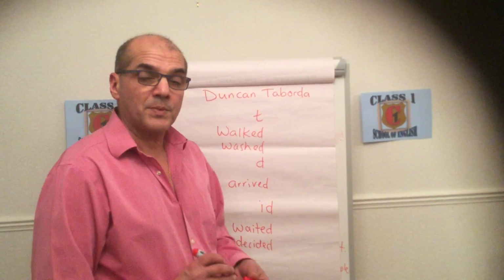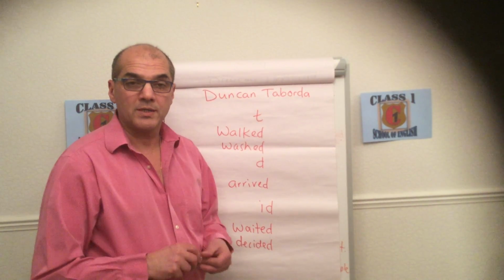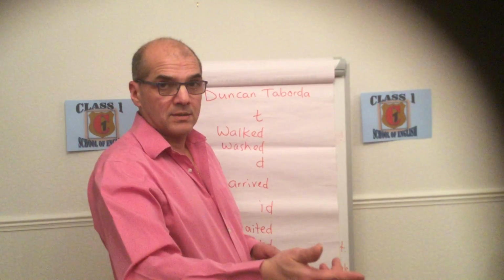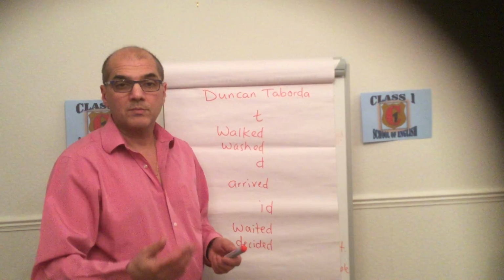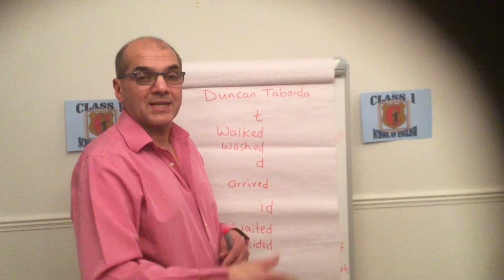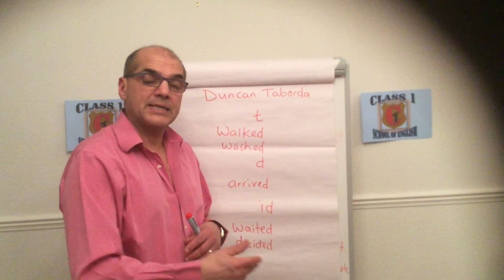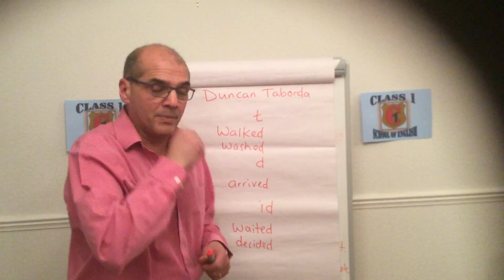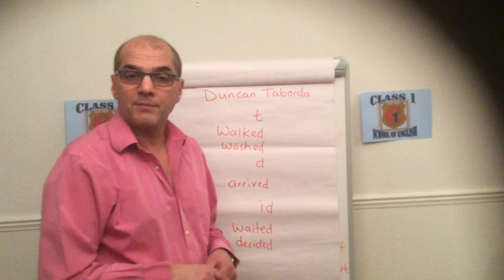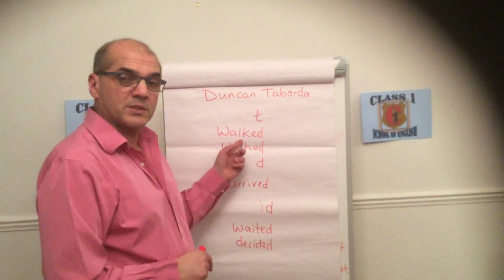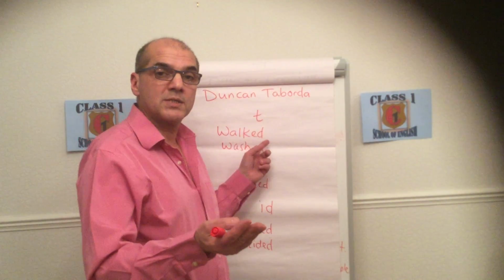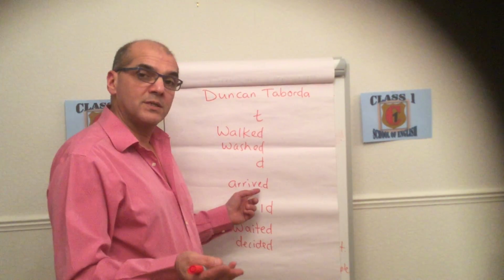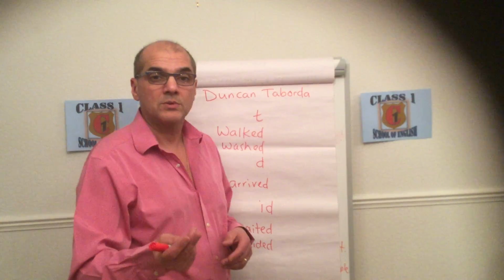For this third example, I'm actually adding a syllable to the word. Waited. Wait is a 1-syllable word, waited. Decided. Decide is a 2-syllable word, I'm adding a syllable, decided. But if you listen to these others, I'm not adding a syllable. Walked. It remains as 1 syllable. Arrived. It remains as 2 syllables.